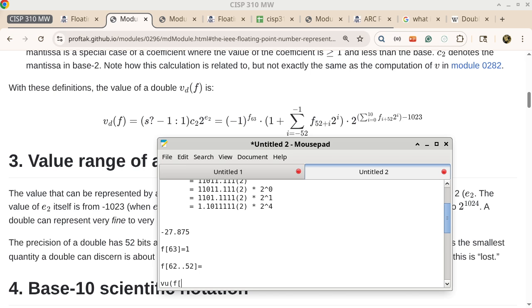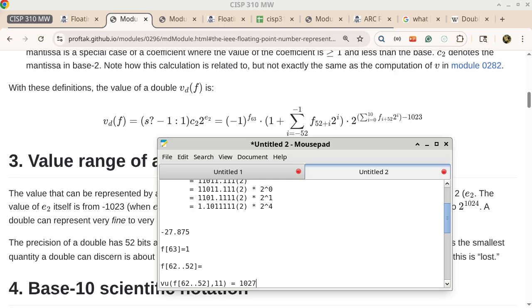We'll go ahead and do it. We are looking at the unsigned number consisting only of bit 52 to bit 62 of the 64-bit F, and we interpret all 11 bits of this. That should specify 1027.